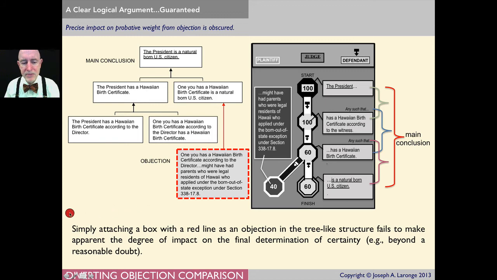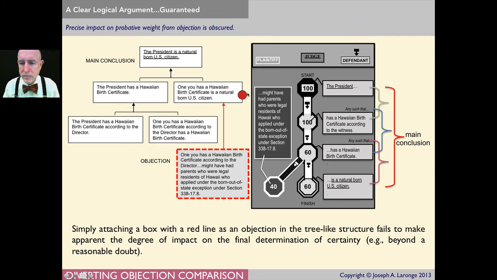But just simply attaching a box with a red line as an objection in the tree-like structure fails to make apparent the degree of impact on the final determination of certainty for the whole argument. You remember, follow the money? Well, you've got to be able to follow the inferences, which means you've got to be able to follow from start to finish how the level of certainty changes.